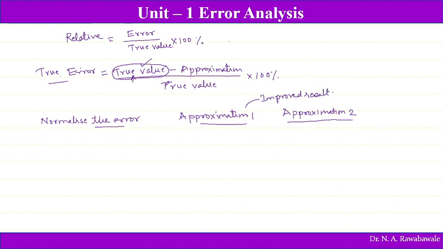Compared to the first approximation, the error in the second approximation is less, and we find the approximate error.